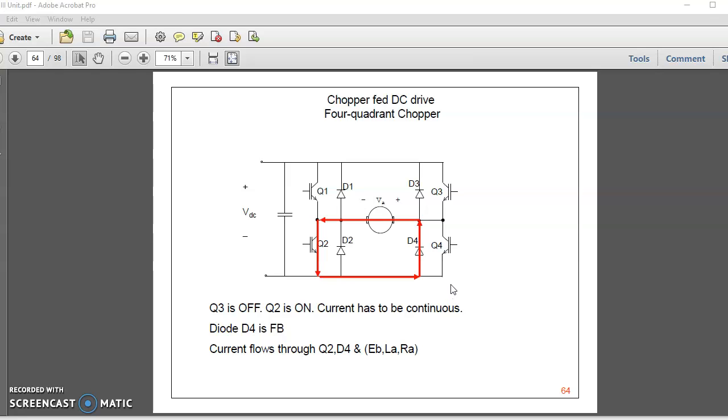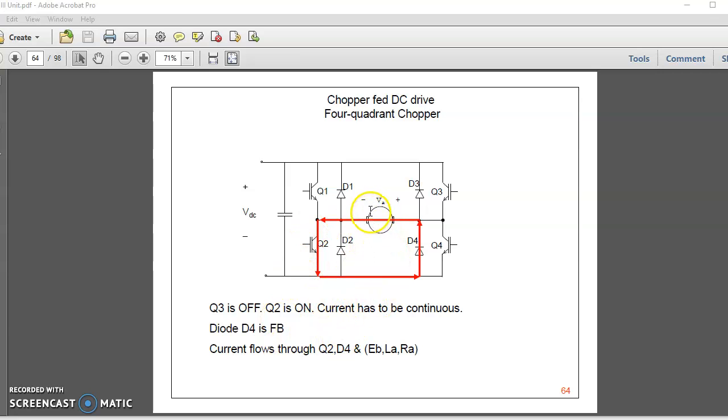Then there is the intermittent mode, where Q3 is off, Q2 is on, and the current has to be continuous. Now diode D4 is forward biased, so current flows through Q2, D4, the back EMF and the armature circuit.